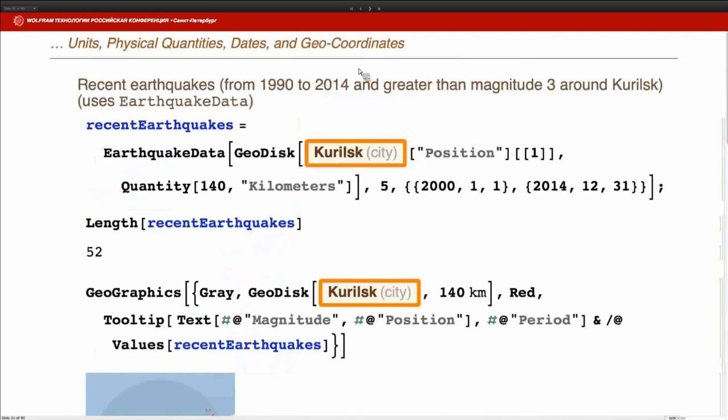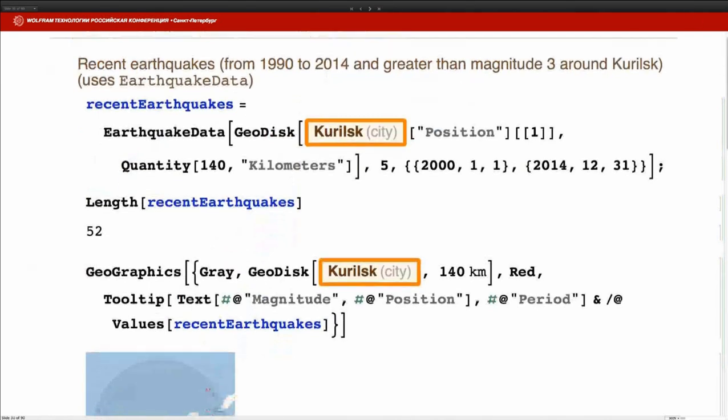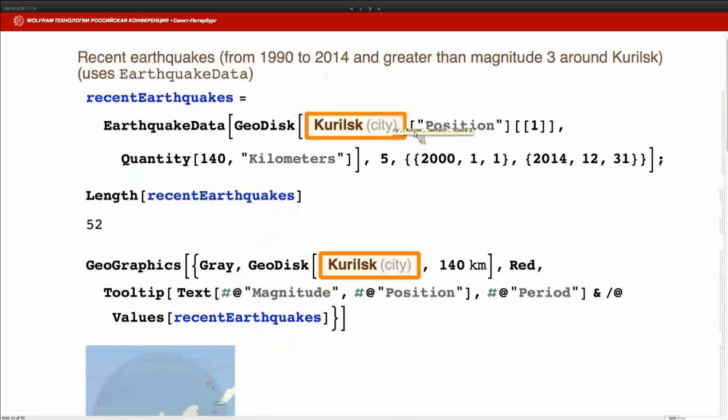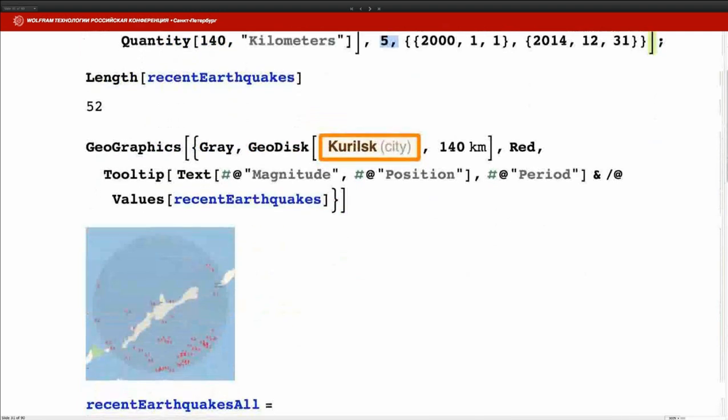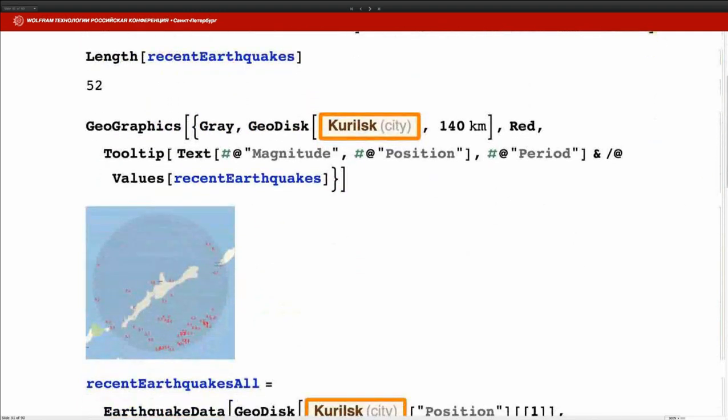Geographic coordinates are very important for a large amount of things on Earth, for instance, earthquakes. I can ask what were the earthquakes between 2000 and 2014 in Kursk, and there were quite a few of them, especially because I only take the ones that have at least a strength 5, which are already non-trivial.